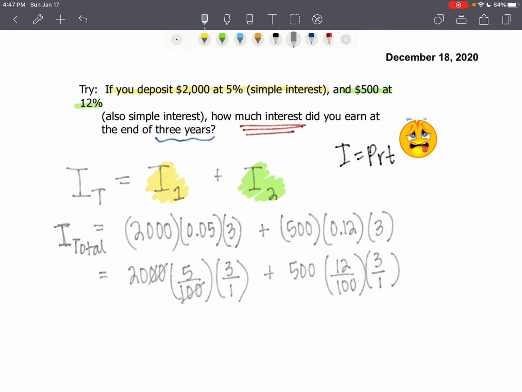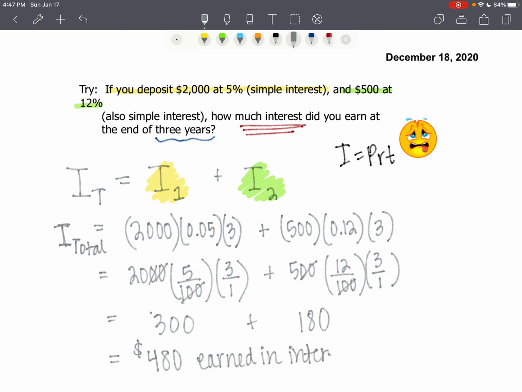These two zeros cancel out with those two zeros. 20 times 5 is 100, times 3 is $300, plus those two zeros. 5 times 12 is 60. 60 times 3 is 180. So the total interest is $480. $480 earned in interest. That's a lot of money just to have your money sit in the bank for 3 years.